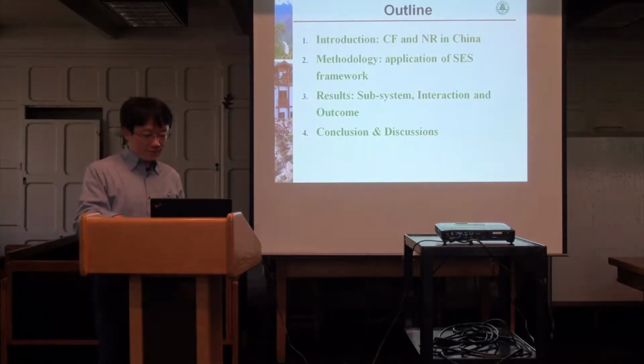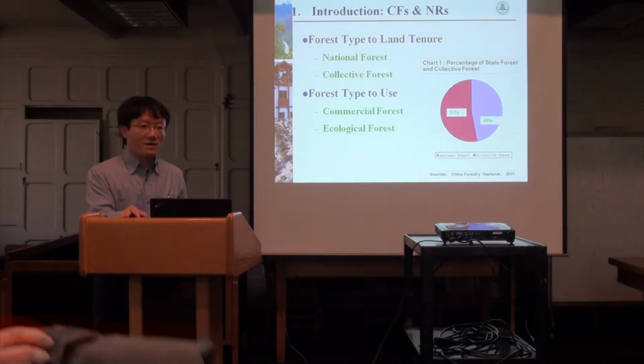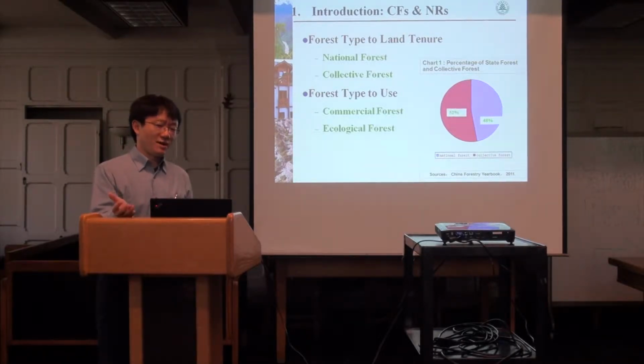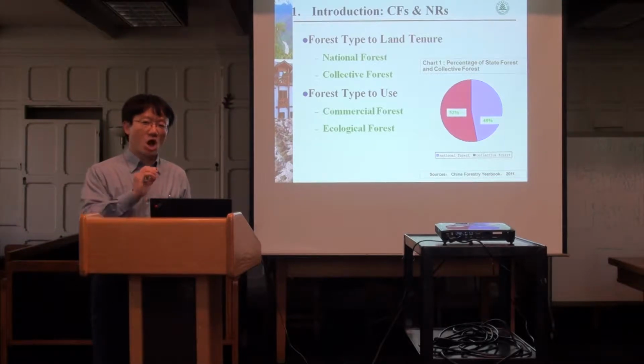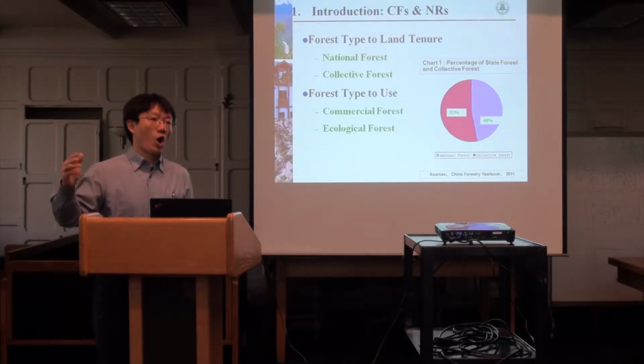Here is the outline. I will start with an introduction about the community forest and the nature reserve in China. You may know that in China the land tenure system is complicated and also simple. It is simple because all the land in China is classified into two types: national land or collective land.